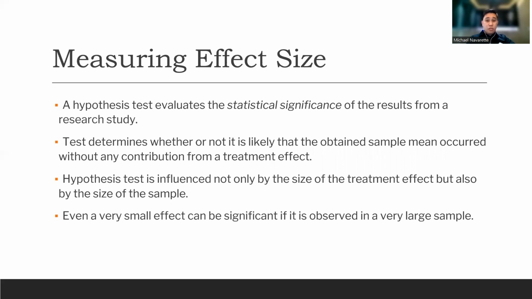The hypothesis test is influenced not only by the size of the treatment effect, but also the size of the sample. And even a small effect can be significant if it's observed in a very large sample.